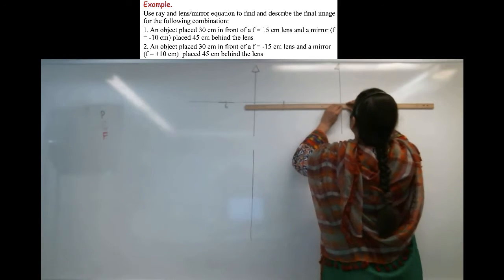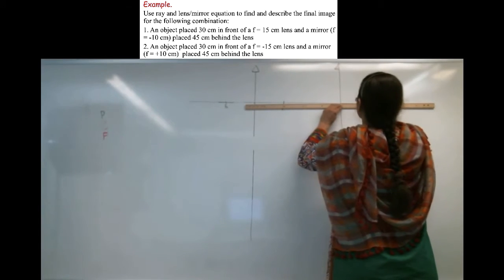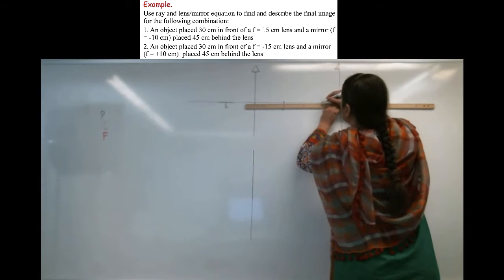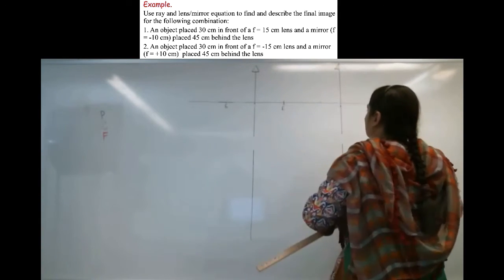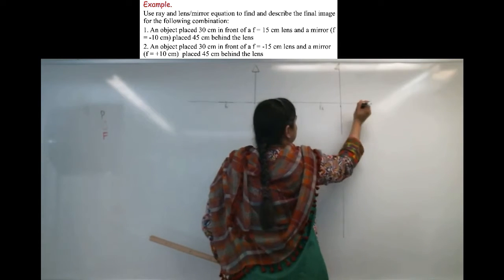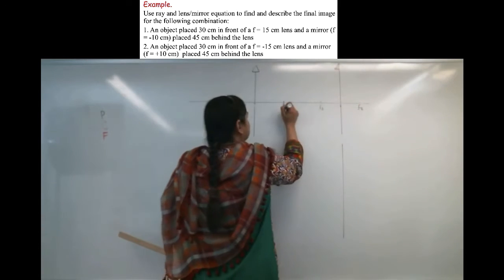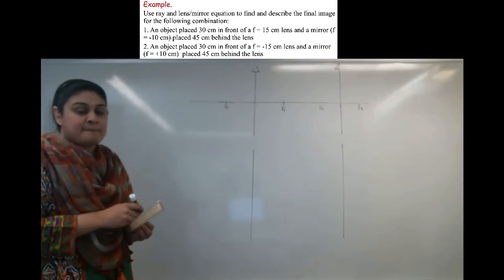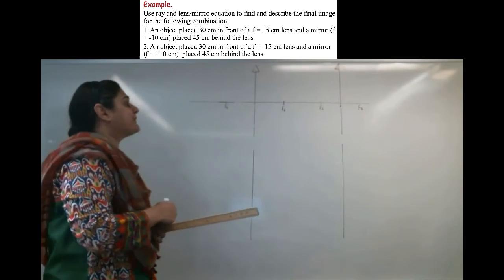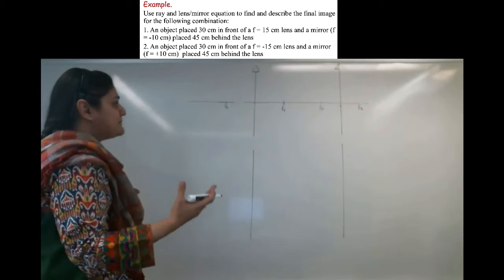Let's see if I can draw 10 centimeters. So this is 10 here and 10 here. I think that's about right. So I'm going to call this F2, F2. Okay, F1, F1.